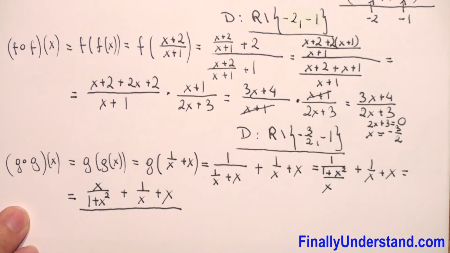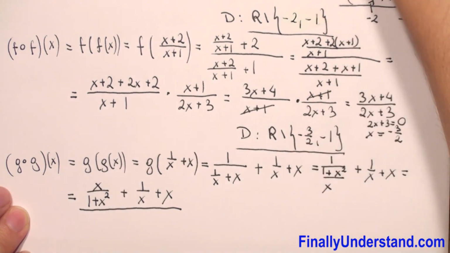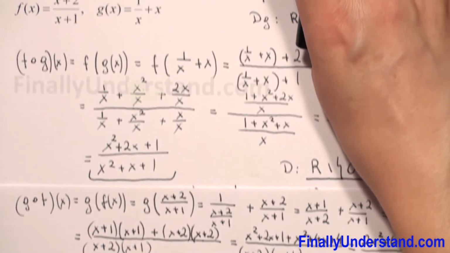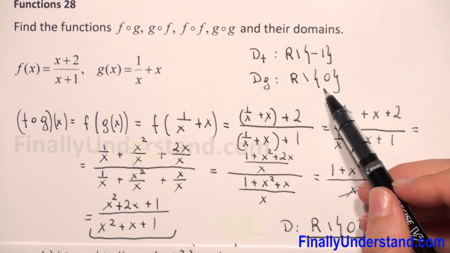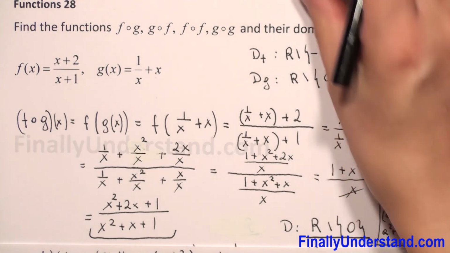And what else? We have to find the domain. Like before, we check what we have to find. We have g of g. So we have to check the domain of the g function. The domain of the g function was all real numbers excluded 0.